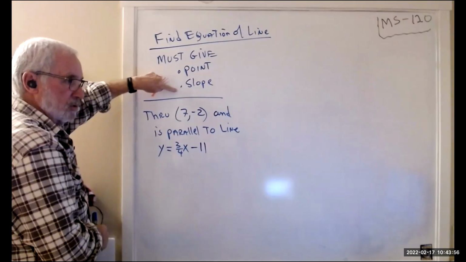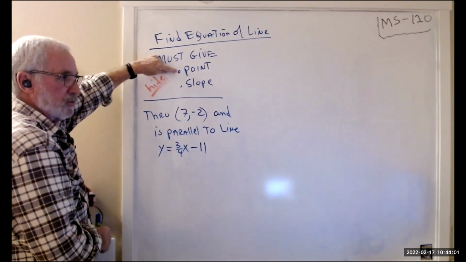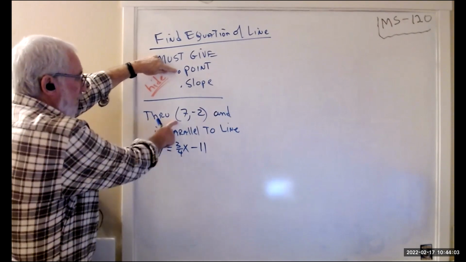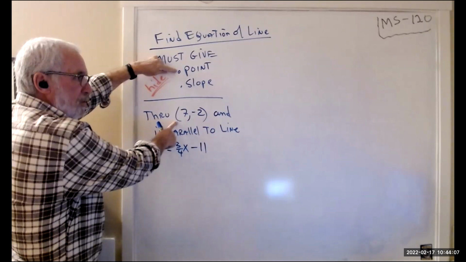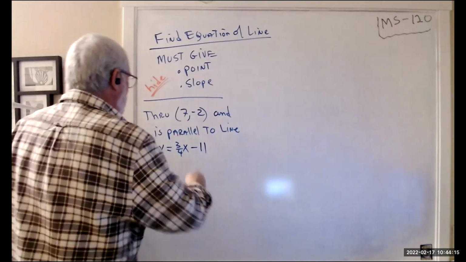Have I given you a point? Yeah, that's the point, the ordered pair. Have I given you the slope? Isn't 3/4 the slope? Okay, yes, it's hidden inside these words.